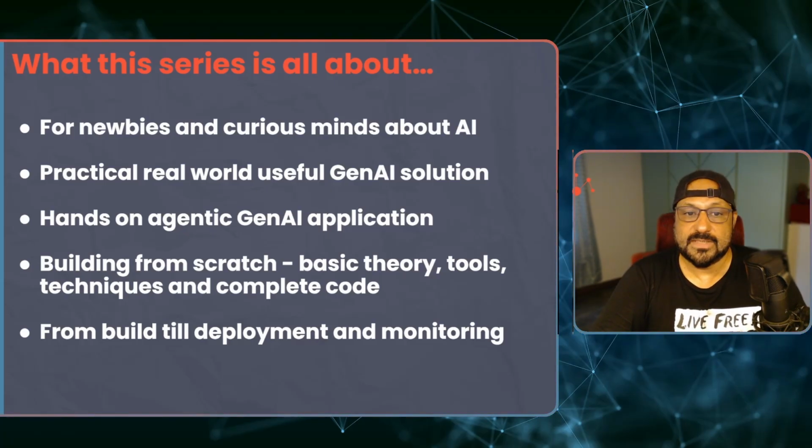Secondly, obviously this is a hands-on series. So we'll be getting our hands dirty and doing a lot of coding, setup, deployment, etc. So this is a hands-on series for agentic generative AI applications.